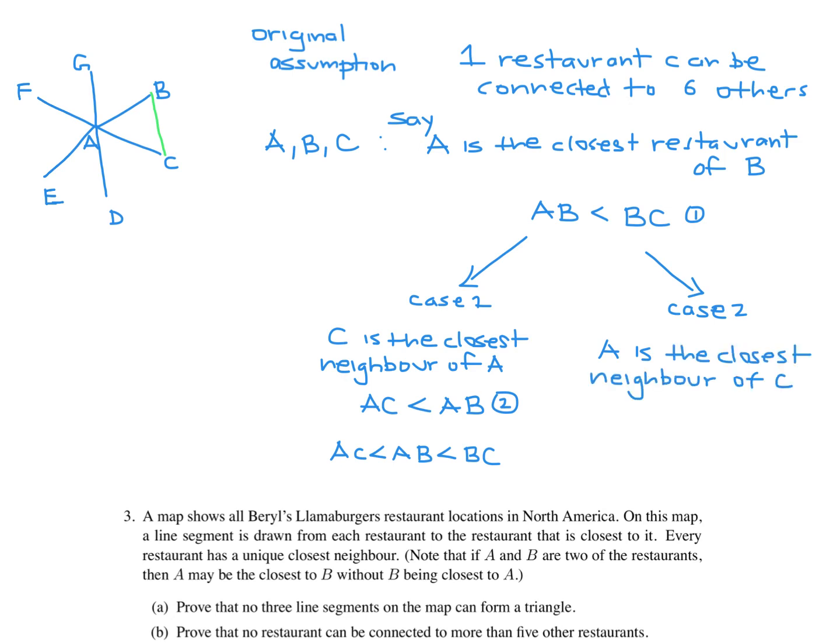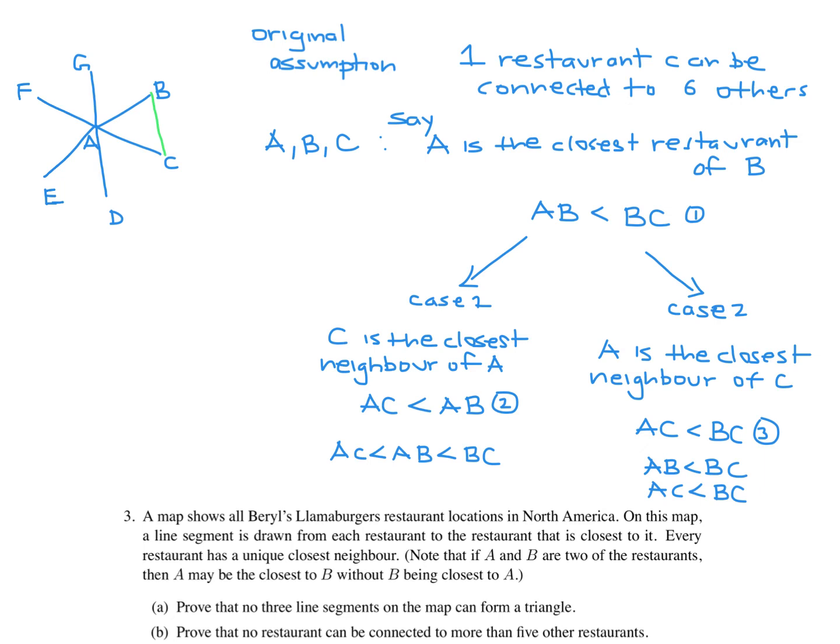So if A is the closest neighbor of C, B is not the closest neighbor of C. So that means that AC is less than BC. That's equation number 3. Combining equation 1 with equation 3, we get that AB is less than BC, and AC is less than BC. So BC is greater than both of them.